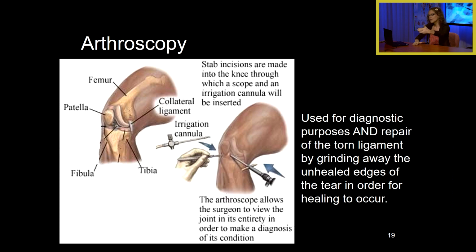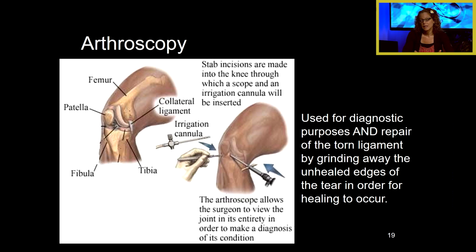And then they have other incisions where they can go in and use tools to grind away the edges of the unhealed tear in order for healing to occur. So this is when there's been a tear and there wasn't proper healing that took place, and the person has had a lot of pain and swelling and it's not getting better.